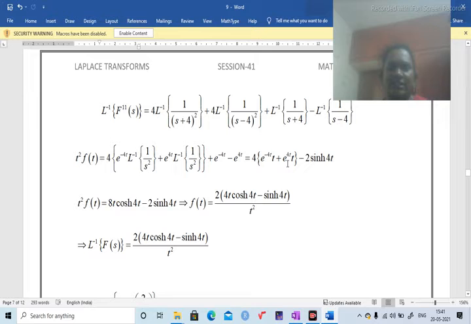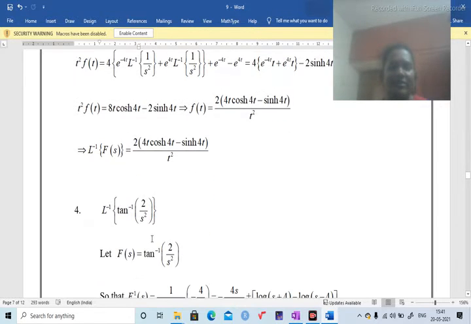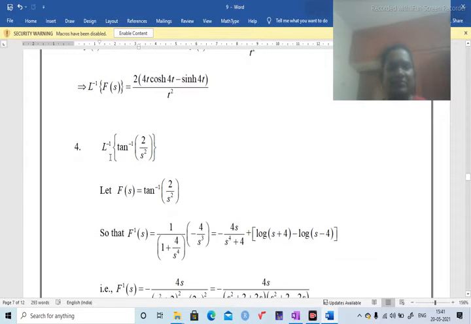Again here also take t outside, multiply with 2 and divide with 2. Then you are going to get cosh 4t minus 2 sinh 4t as it is. Then f of t equals this term divided by t square. Therefore this is the inverse Laplace transform of the given function.